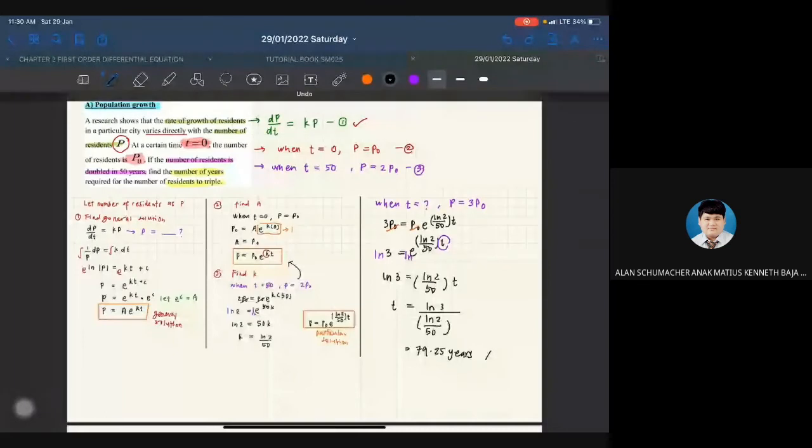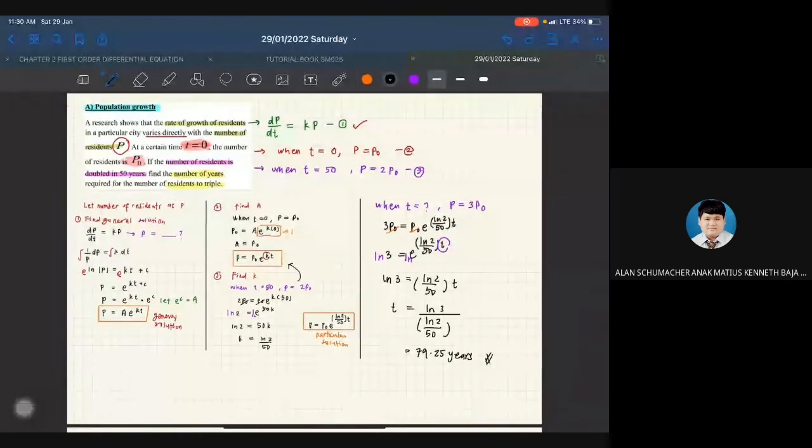Boleh faham tak? Any question? Boleh. Kalau ada soalan tanya terus.